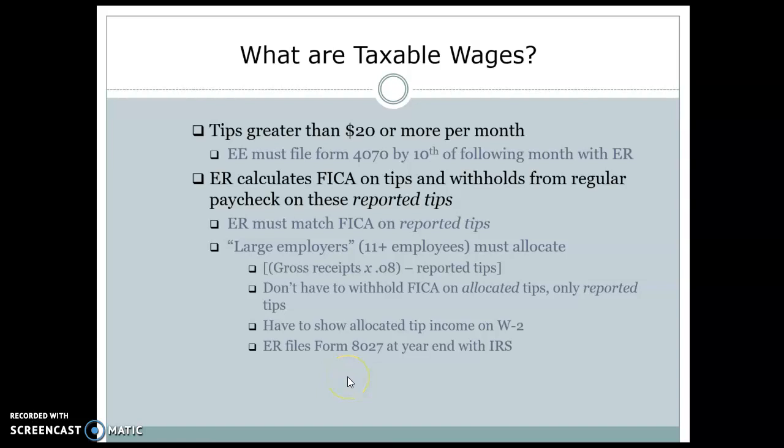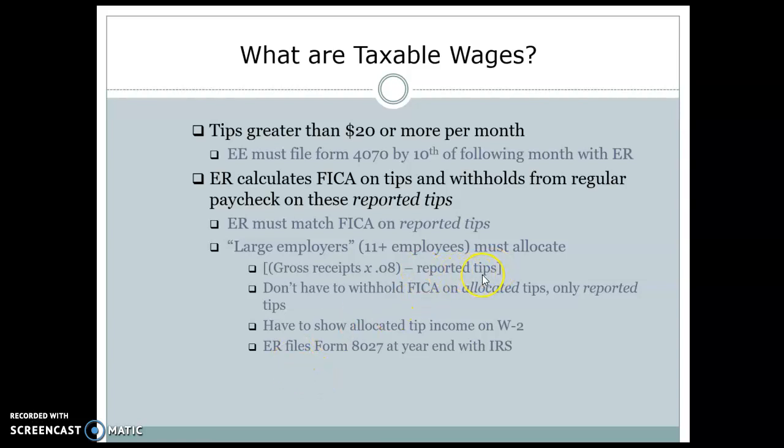So let's say you have a restaurant and a particular employee, waitress or waiter, claims that they only received X number of tips, and you take the gross sales of all of their tables and multiply it by 8%, then the tips that they're reporting should be more than that.